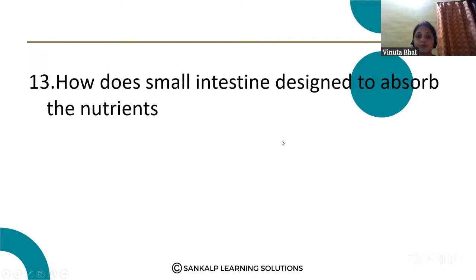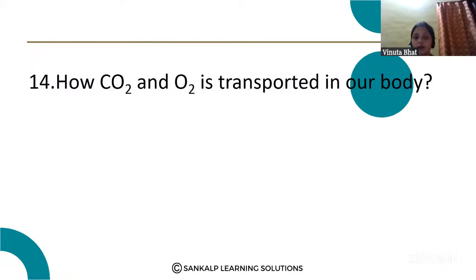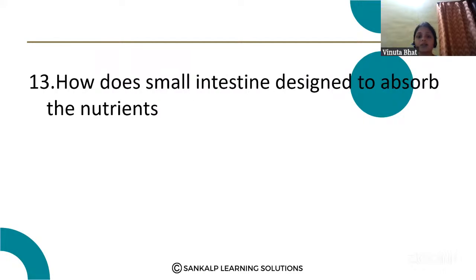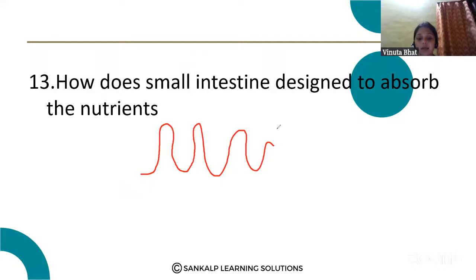Next question. How is the small intestine designed to absorb the nutrients? Read the question properly. The small intestine has a finger-like structure, which is called villi.